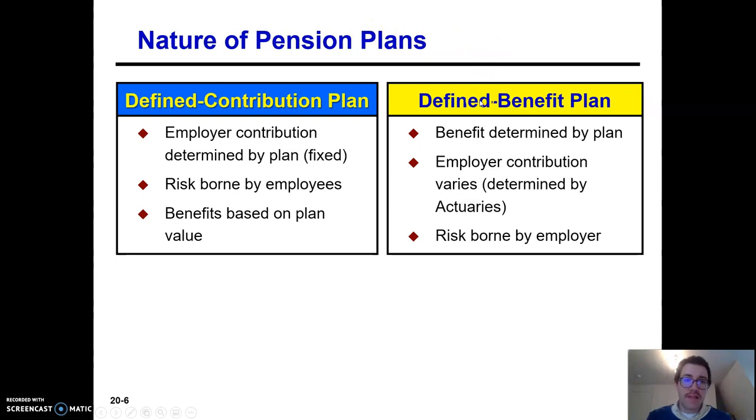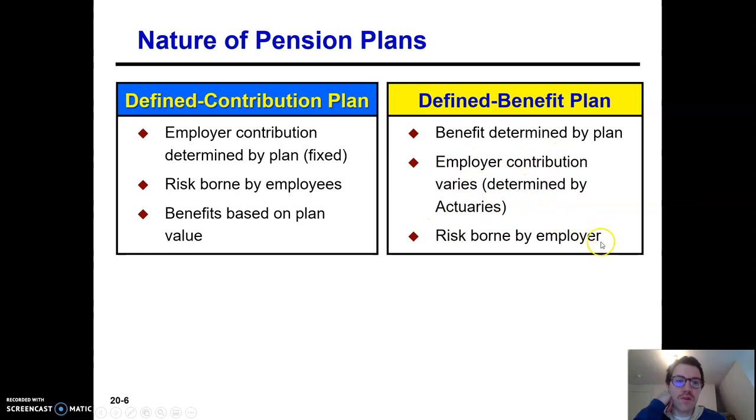Defined benefit plans, on the other hand, as the name sounds, the benefit is defined. It's in the contract. It says you will receive this amount of money every year in your retirement. But the contribution is going to vary for the employer. If the employer invests very poorly and the asset values start going down, they're going to have to contribute more soon to make up for that.